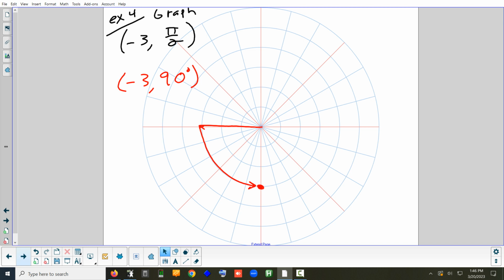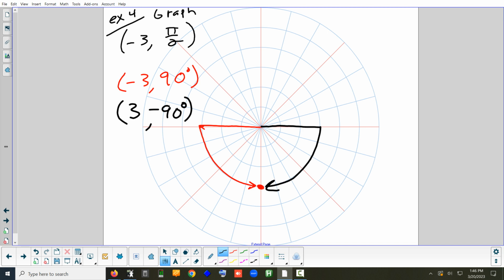What's a different way we could get to that point, besides negative 3, comma, positive 90? 3, negative 90. So we could do 3, negative 90, and that would look like this. Right 3, clockwise 90.